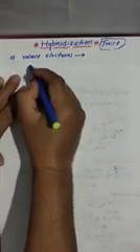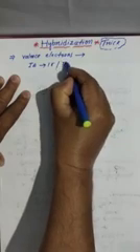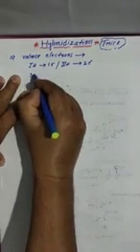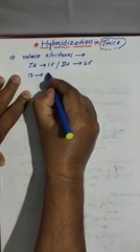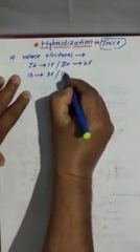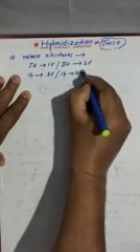For example, 1A group elements have one valence electron. The 2A group has 2 valence electrons. Similarly, the 3A group, or 13th group, has 3 electrons. The 14th group, or 4A, has 4 electrons.